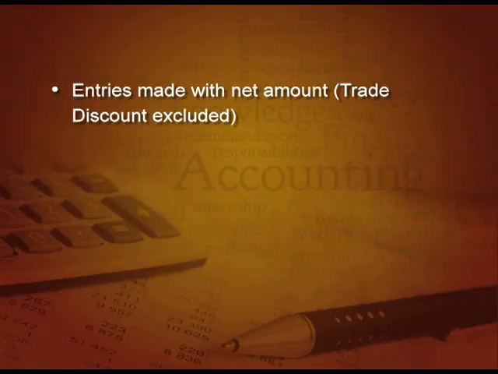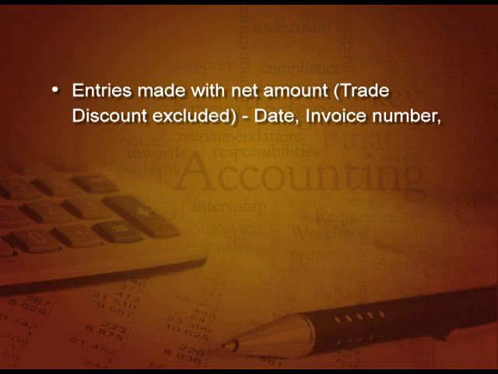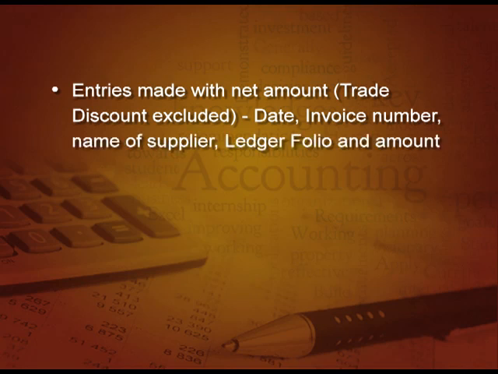The format of the purchase day book is, we start with date, then invoice number, name of the supplier, ledger folio column, a small one, and amount. Amount is the net amount after deducting trade discount.